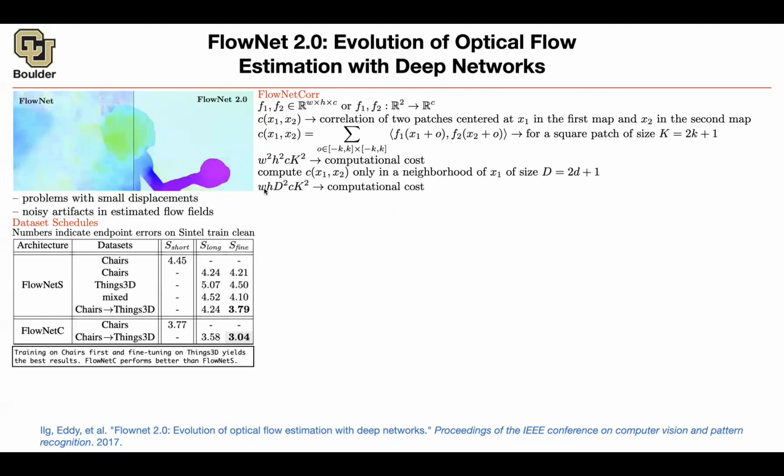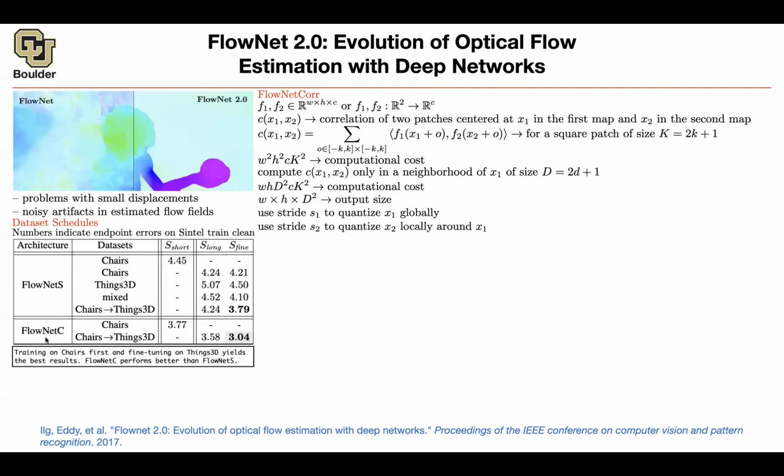Now it's linear in terms of your resolution. Another solution is, rather than looking at every single pixel, you can look at every other pixel, or every 2 pixels. You can have a stride. Or you can try to quantize x2 around x1, or both of them. That's the way you're going to reduce the cost of FlowNetC.